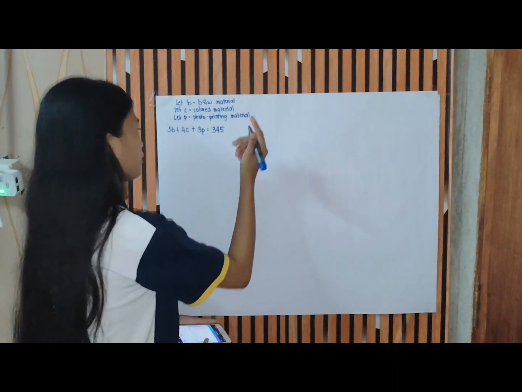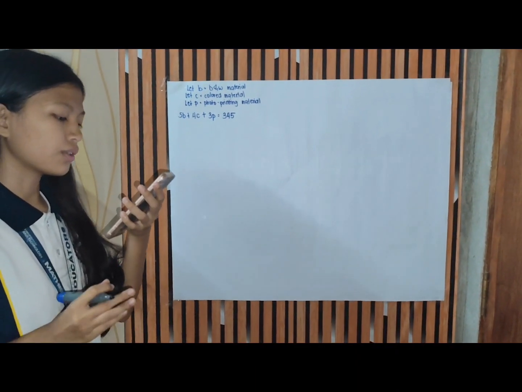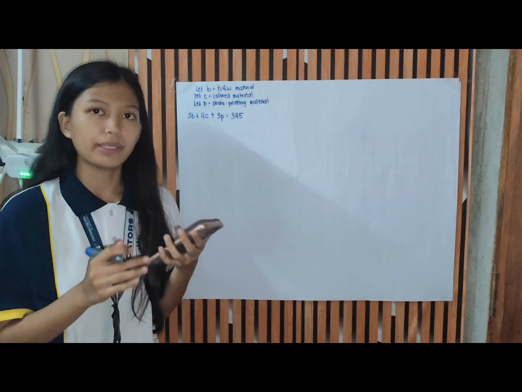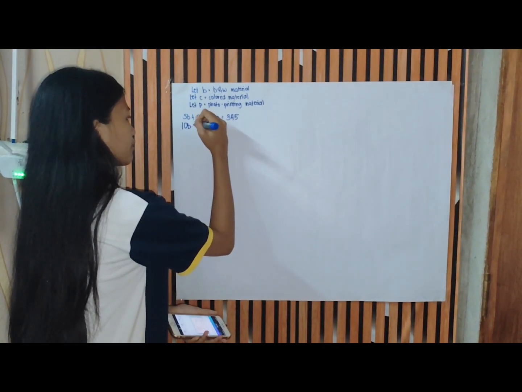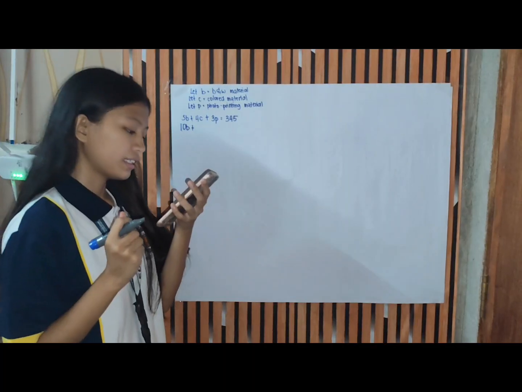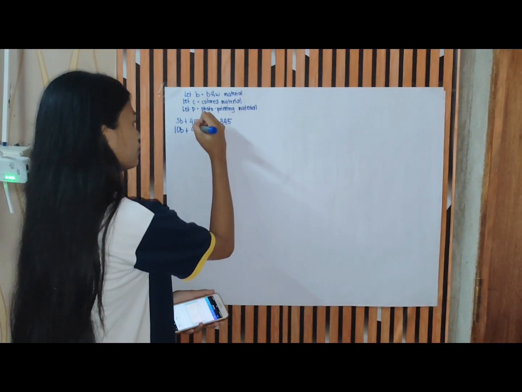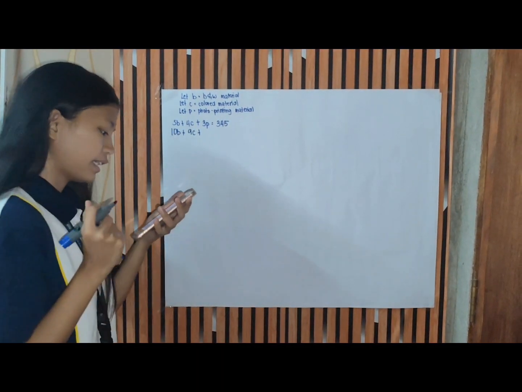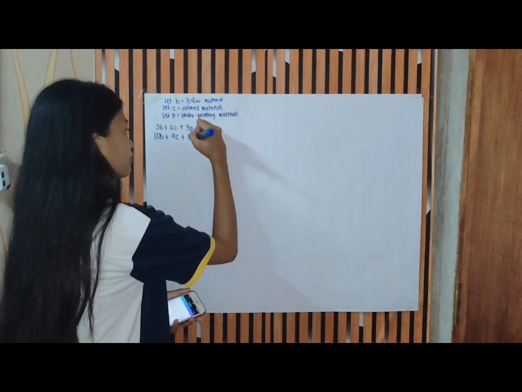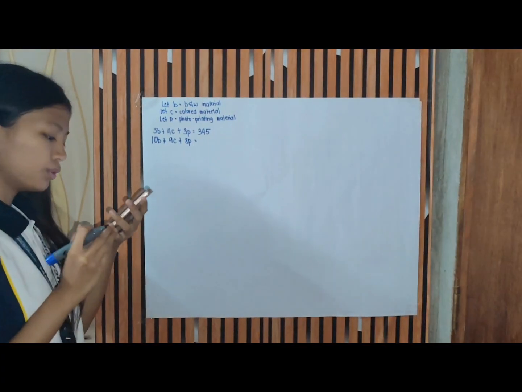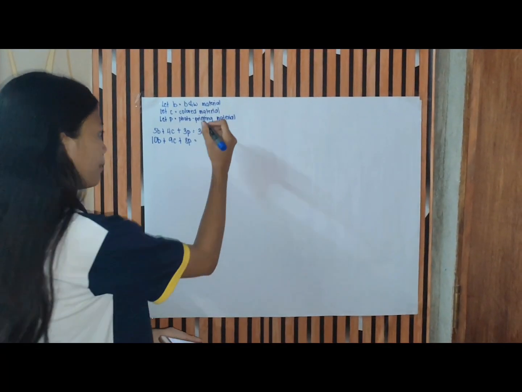The next one, it also states here that Ajax printed 10 pages of black and white plus 9 pages of colored plus 8 pages of photo printing is equal to 820 pesos.